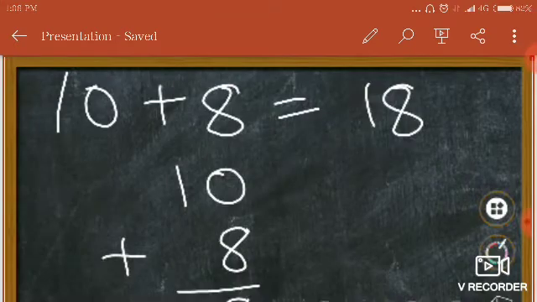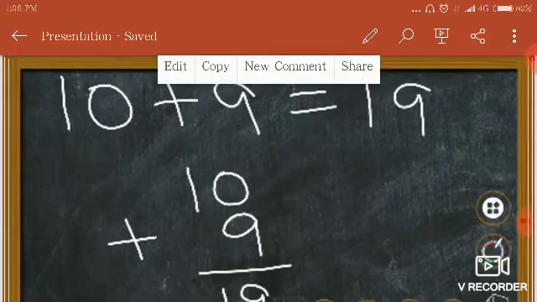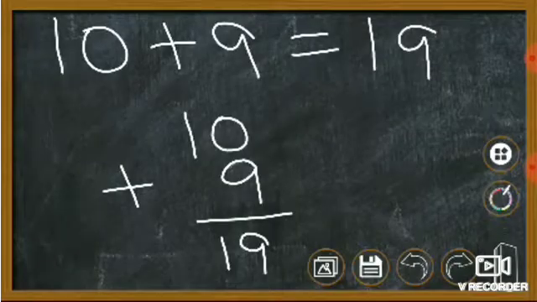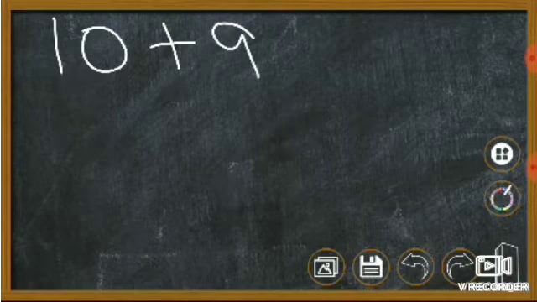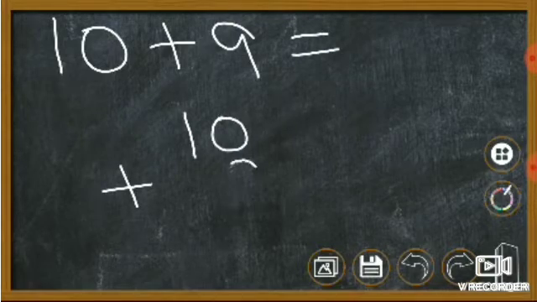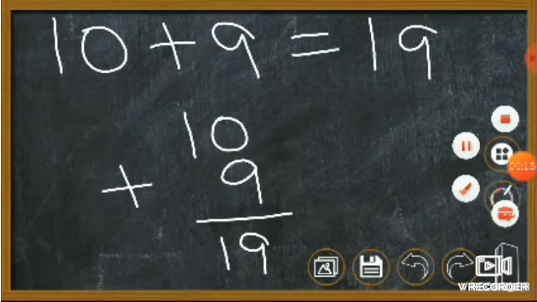Next sum, the last sum in this is 10 plus 9. Bringing 10 and 9, we are going to add it. 0 plus 9 is 9 and bringing the 1 down, so the answer comes as 19.